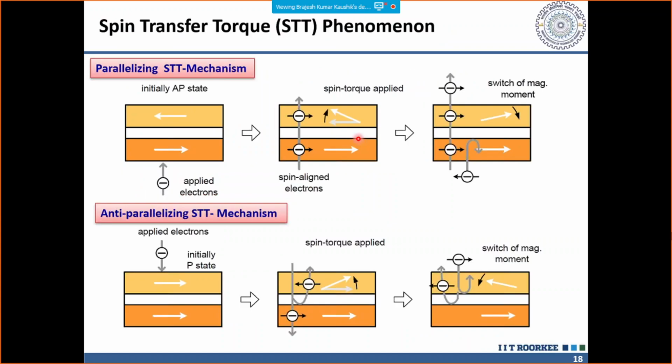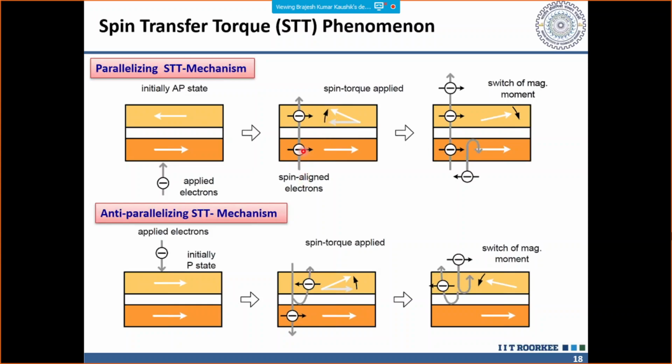Now going further, how does the spin transfer torque phenomenon work? That is really important to understand also. So you have the parallelizing STT mechanism. This is the state where both layers are in anti-parallel state, right? This is what has been shown initially. If you apply some current, which is spin-aligned electrons in this case, and these oriented electrons move from this layer, go through the tunnel barrier, and reach the anti-parallel layer, they start applying torque.